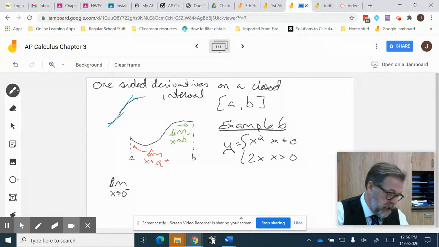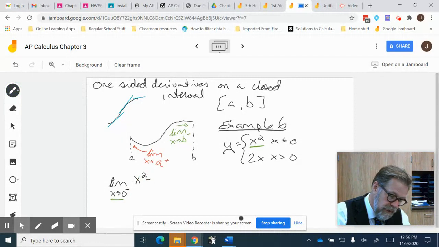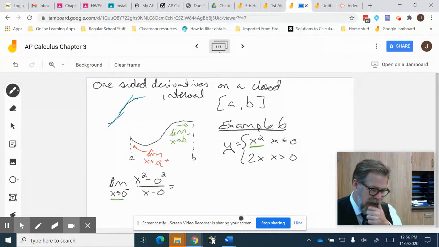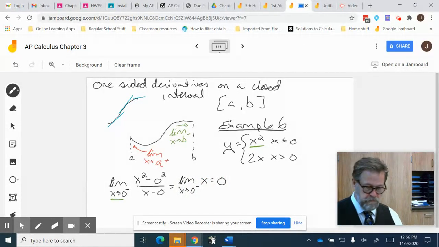Well, this is the x squared equation from below. And so we're going to have x squared minus 0 squared, using the alternate at-a-point definition, over x minus 0. Simplifying that, we get x squared over x, we get x, and the limit as x approaches 0 from below of x is just 0.